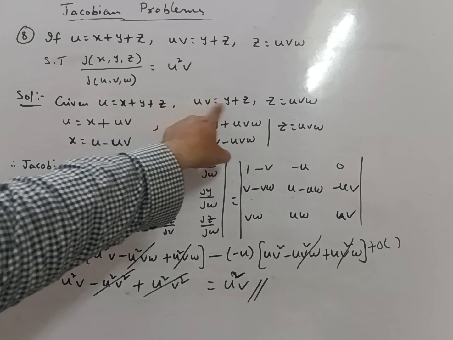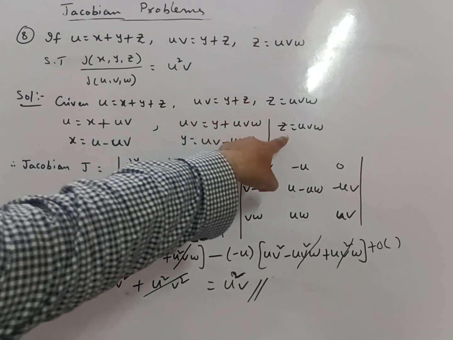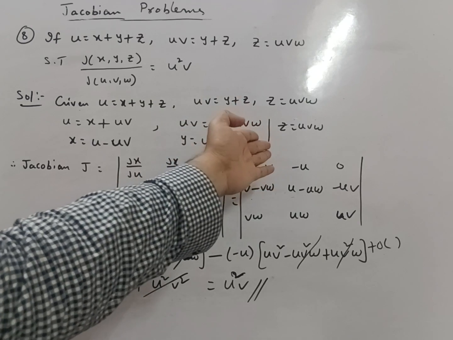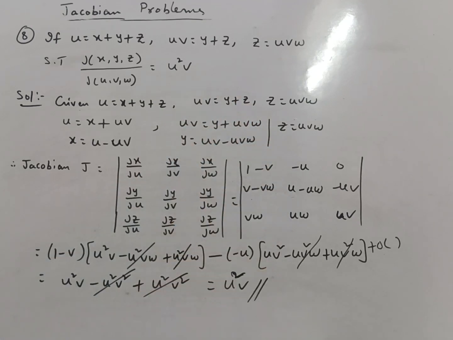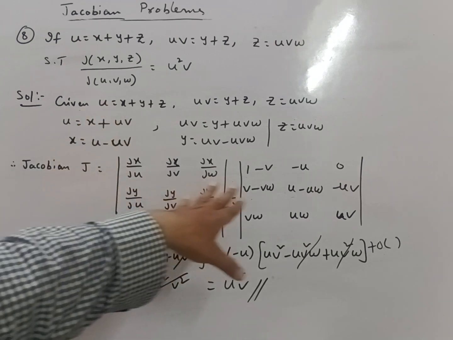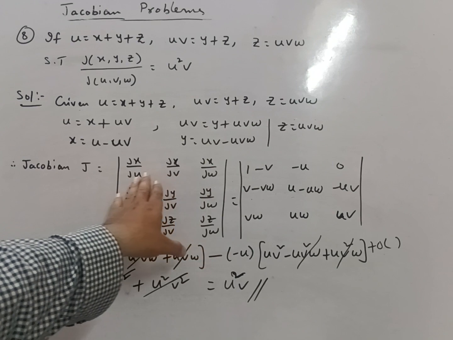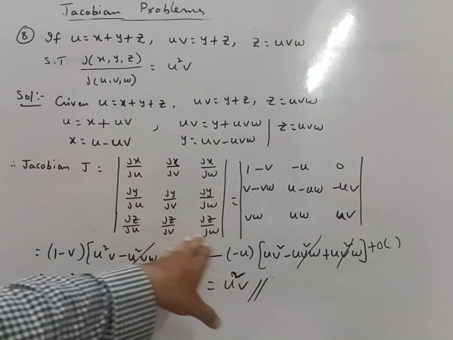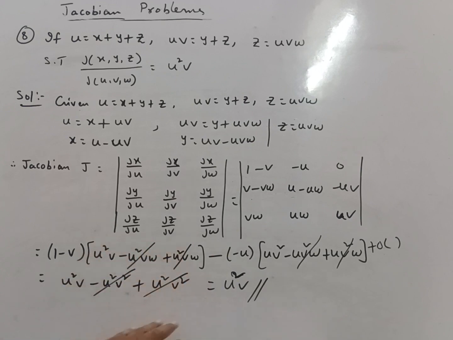Then uv is equal to y plus z, and z is uvw. I wrote that here and then got the y value. Then z is already in terms of u, v, w. So the Jacobian J is the three-variable formula. Write it here and simplify. Find the partial derivatives of x with respect to u, v, w, y with respect to u, v, w, z with respect to u, v, w, and simplify. You will get the answer as u square v.